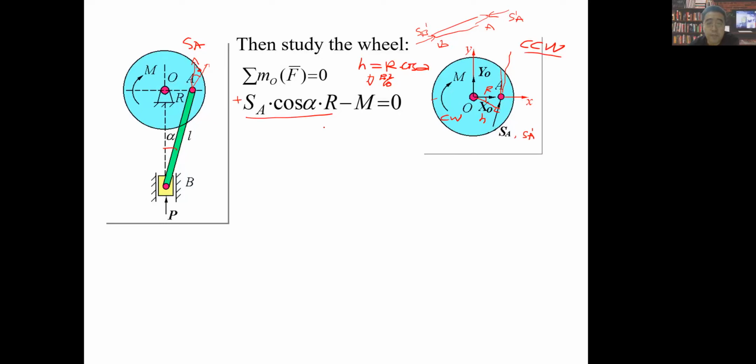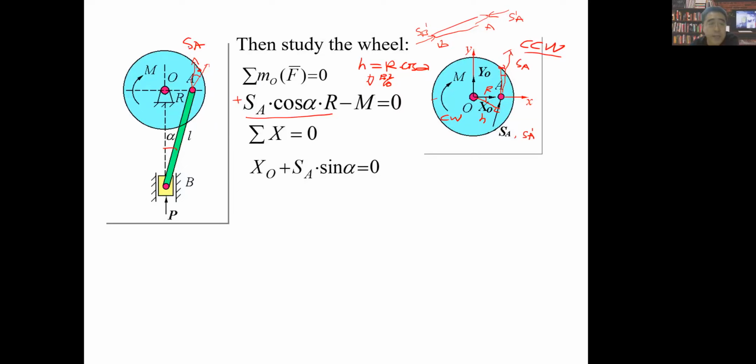So then we can find M equals SA cosine alpha R, because we have the SA. Then if we try to calculate XO and YO, we can just use sigma X equals 0. You see? So we have XO plus SA sine alpha, because this is SA and this is alpha.